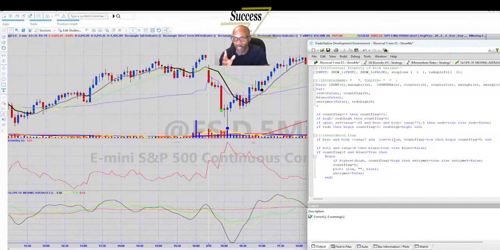What else is invalidated? The red candle is already turned back to false, so that's fine.